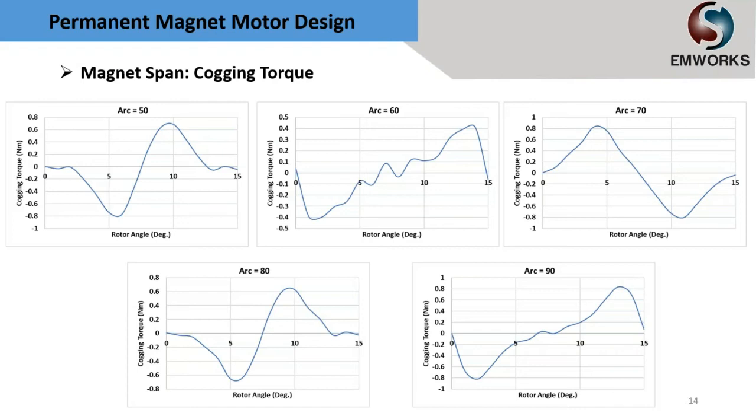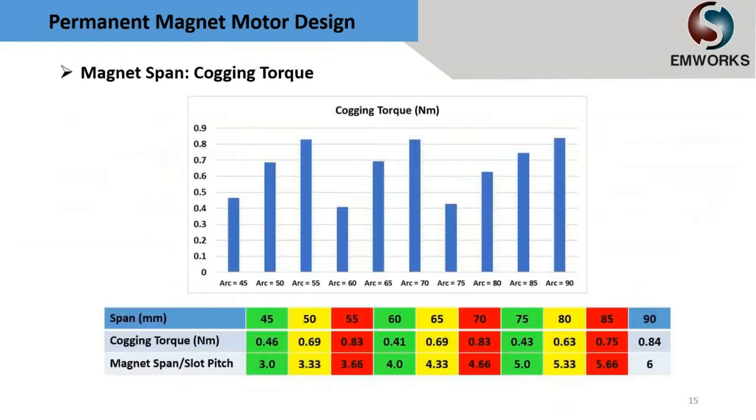However, we are most interested in the peak value rather than the position where the peak value happens. It can be seen from the image that the peak value is fluctuating by increasing the magnet span. For example, cogging torque for magnet span of 50 is around 0.7 Newton meter, while for the magnet span of 60 and 70 are around 0.4 and 0.8 Newton meter.